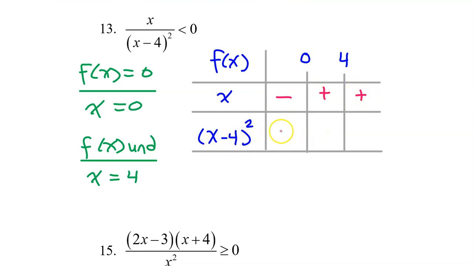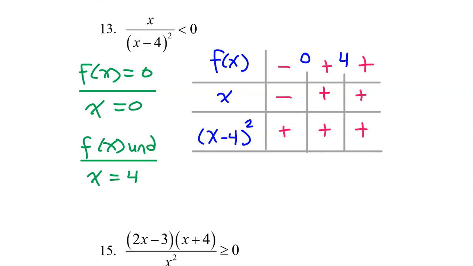X minus 4 squared is positive in every interval because when you square even a negative number, it becomes positive. F of x will be negative in this first interval because of the odd number of negatives, and it will be positive in the remaining intervals.